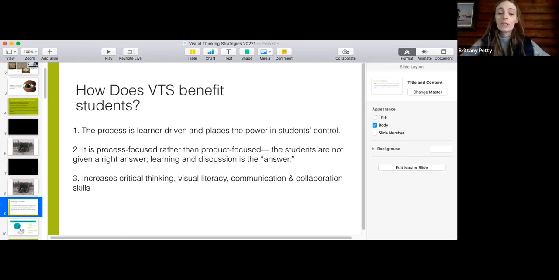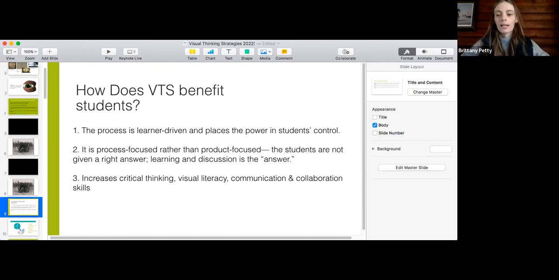Typically, if you have a group of 25, they will get closer and closer to the right answer. You just have to give them time to talk it out. And if all goes well, you're just a moderator. So the learning and discussion is the answer.